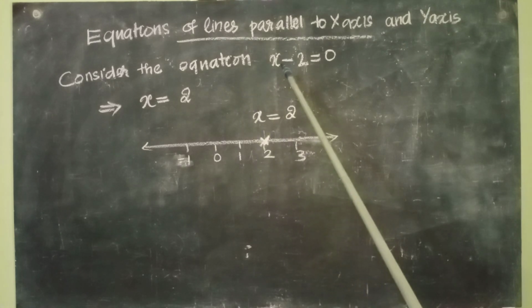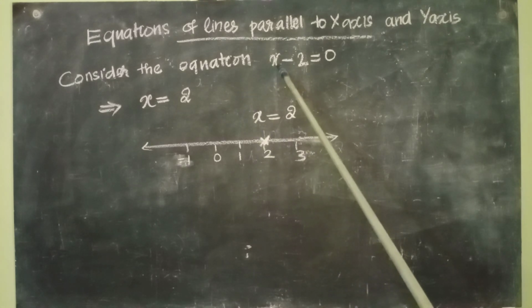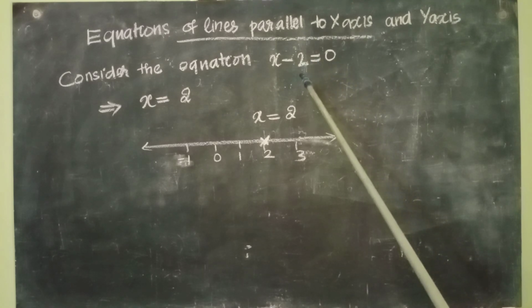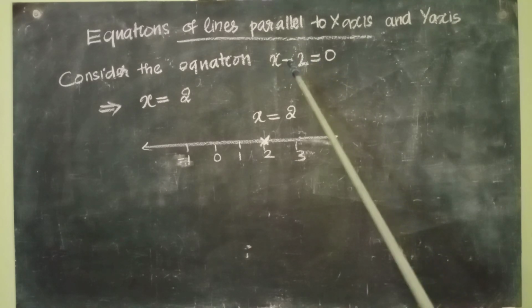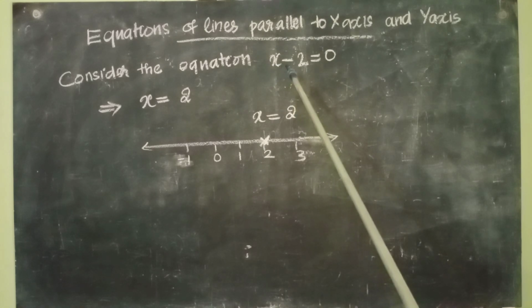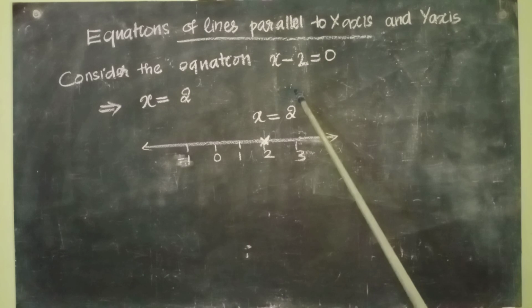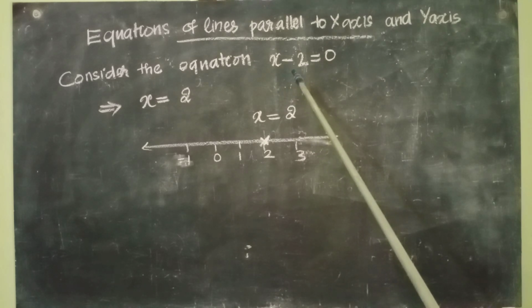Then how can we express this equation, x minus 2 equal to 0, as a linear equation in two variables? We know the general form of a linear equation in two variables is ax plus by plus c equal to 0.